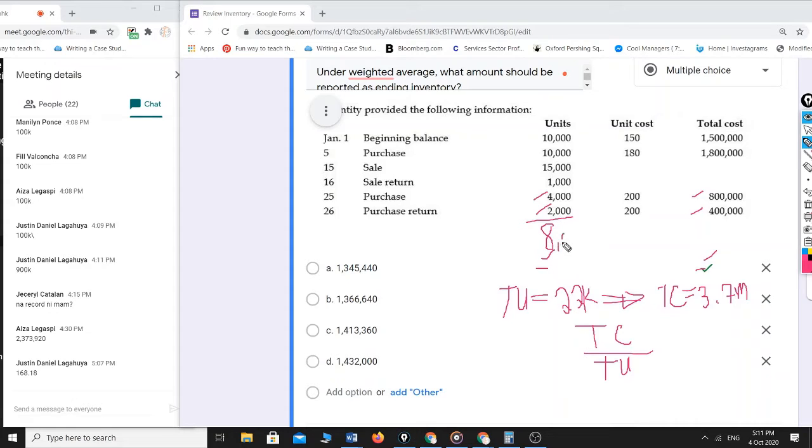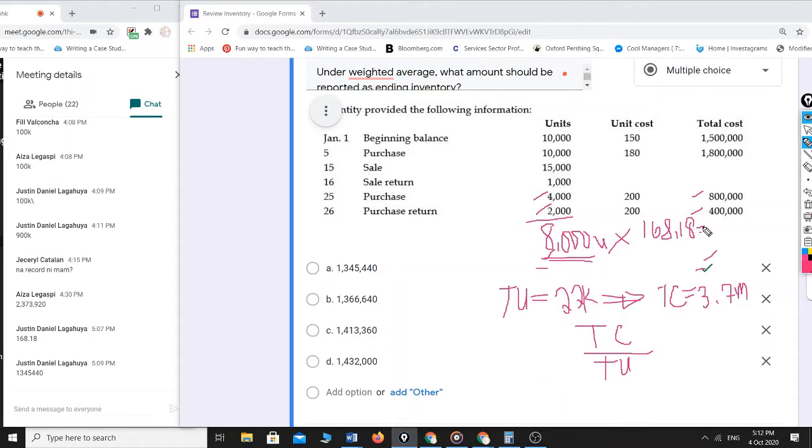So our ending inventory has 8,000 units. But as to the cost, pila man ang amount aning 8,000. So since naa man tay data nga ang per unit has an average cost of 168.18, so kining 8,000 units ato na lang i-multiply sa average cost per unit nga 168.18, and that is already the amount of our ending inventory.